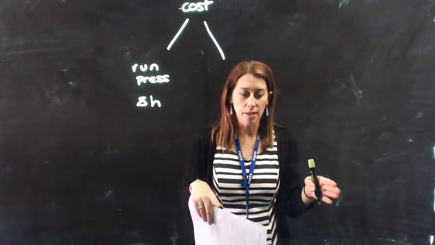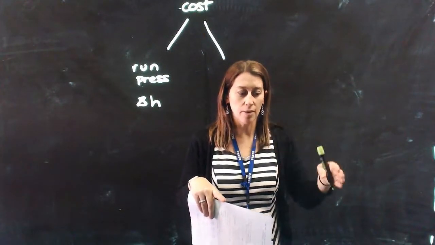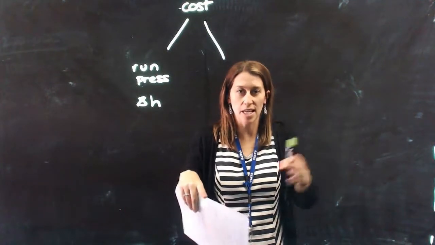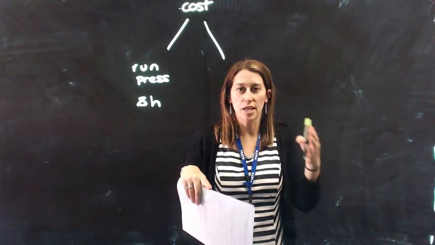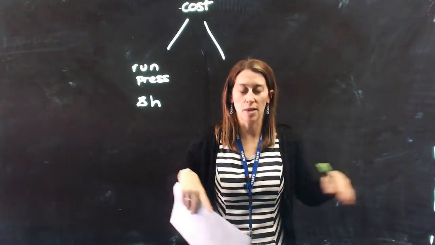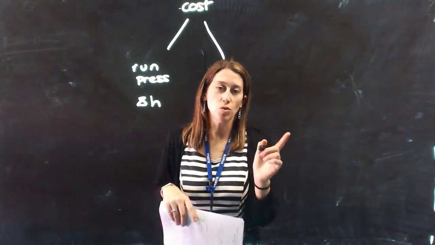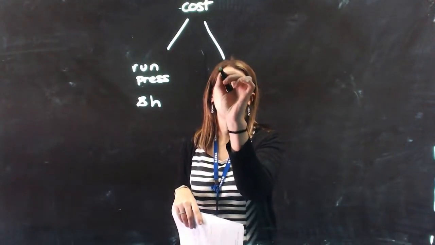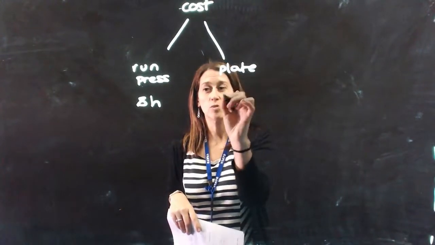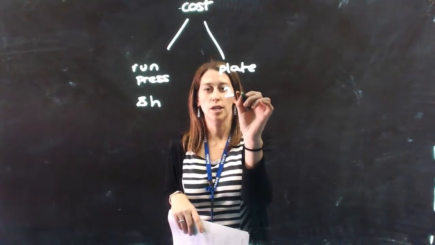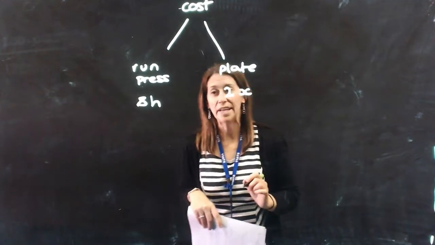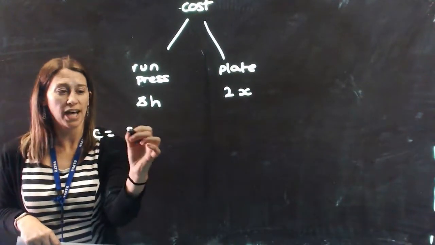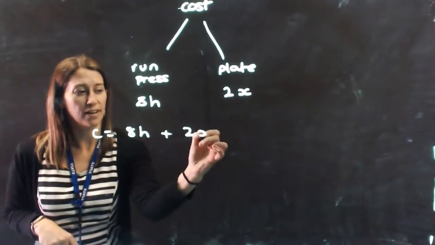Each plate makes each impression, makes X catalogues, and there are lots of plates making that impression. At $2 a plate, the cost for the plates is going to be 2 times X, because that's the number of plates. So our general cost is C equals 8H plus 2X.